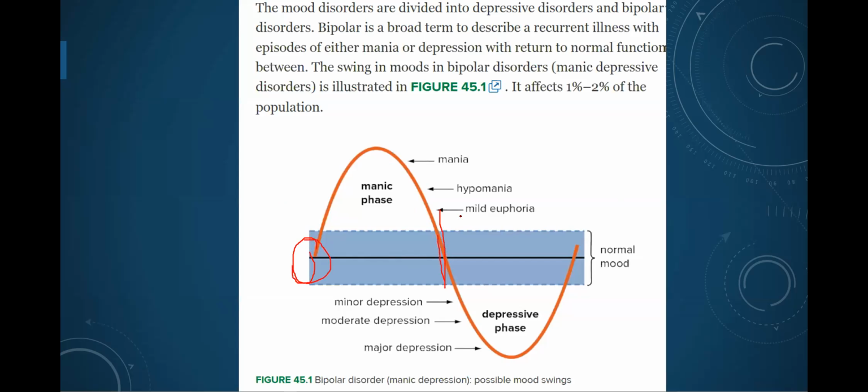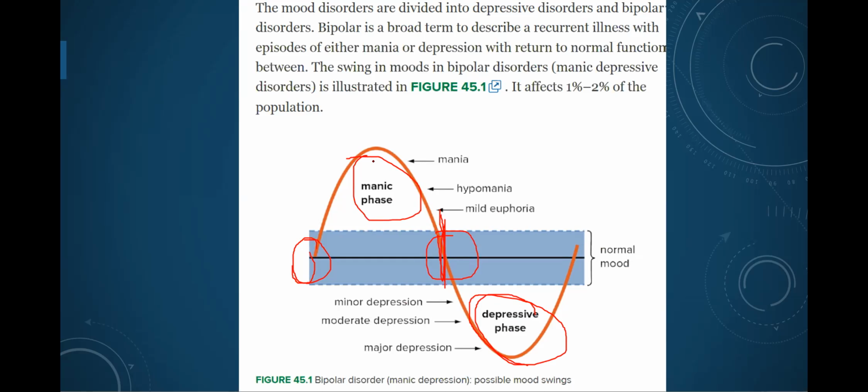Let's say this is the median in which the patient has a normal mood, this part is when the patient is depressed, and this part is when the patient's mood is elevated.